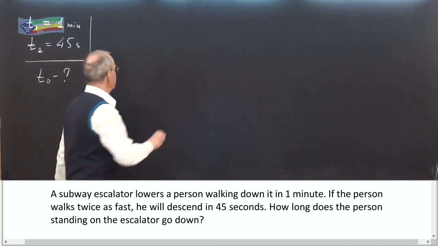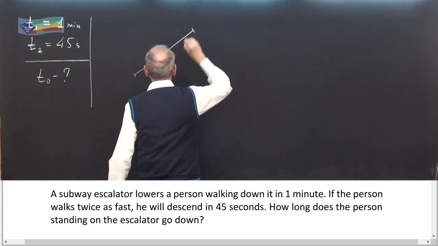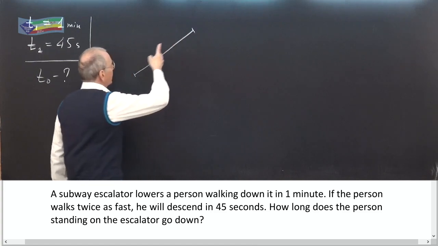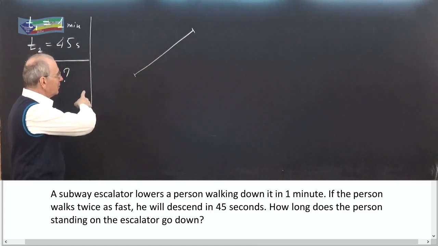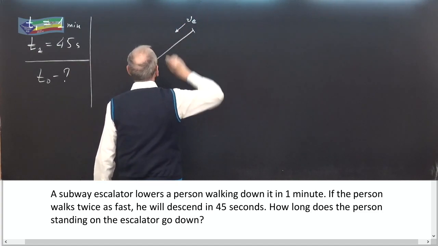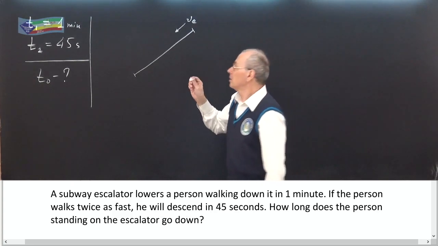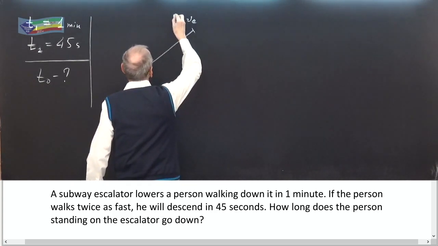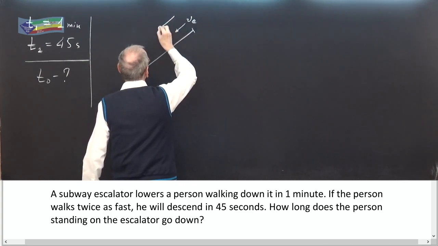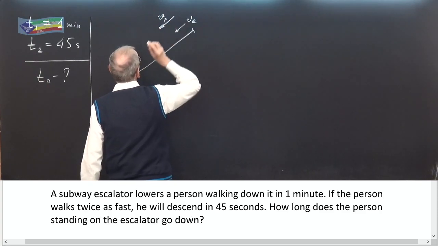Let's make a picture. This is the escalator. The escalator descends at a speed V escalator. In the first case, a person lowers the escalator at a normal speed V person.